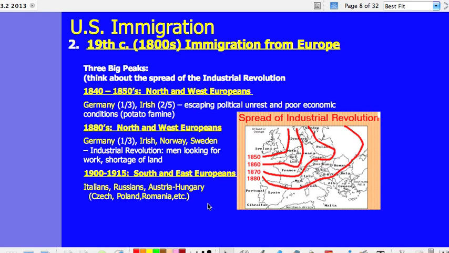Italians, Russians, Austria-Hungary, Czech, Poland, Romanian, etc. So the spread goes from northwest. We have northwest Europeans in the first two peaks, with adding the Scandinavian countries in the second peak. And then you have South and Eastern Europeans in the last peak of the 19th century.